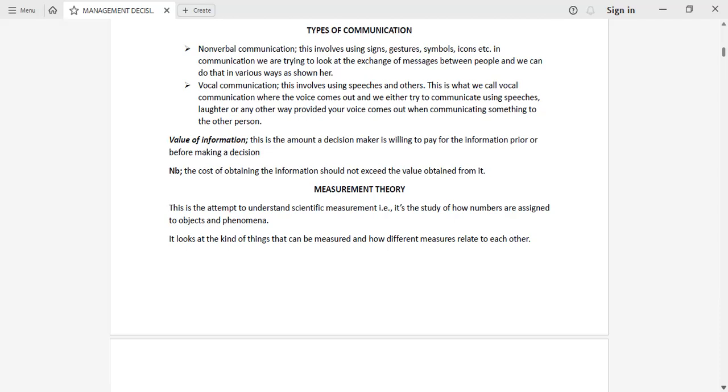But we have a note which says that the cost of obtaining the information should not exceed the value obtained from it. What this means is that if someone is giving me a contract, but the person who has given me the information about that contract is asking for more than what I'm going to earn from it, then it shouldn't be worthwhile, because at the end of the day it is costing you more than what you are going to earn.